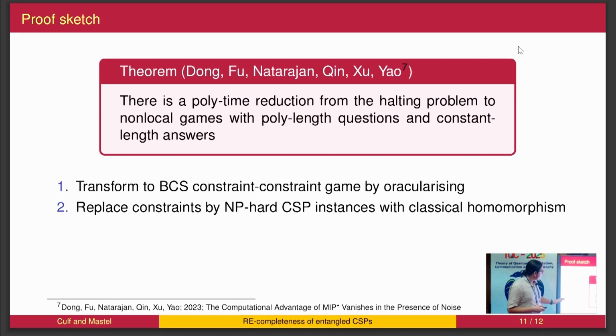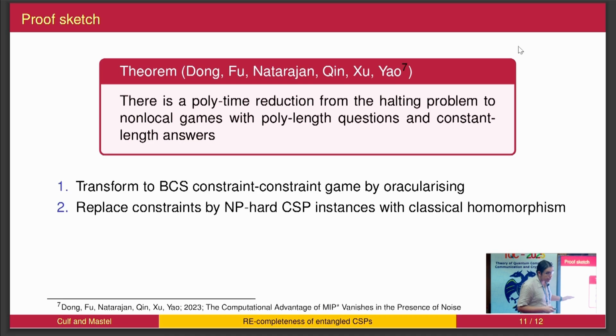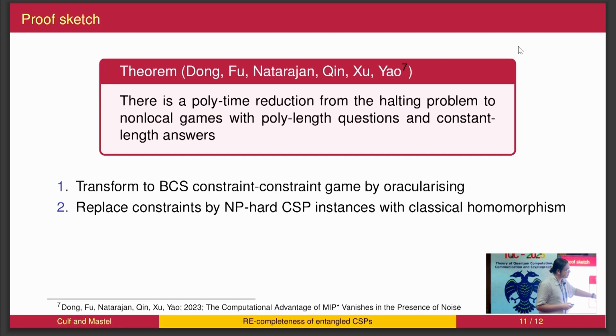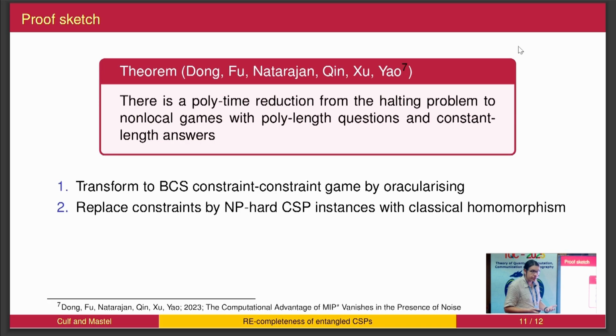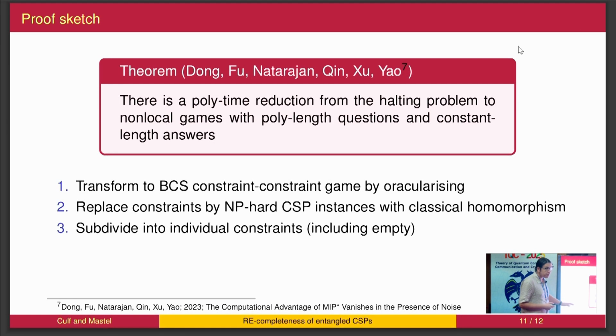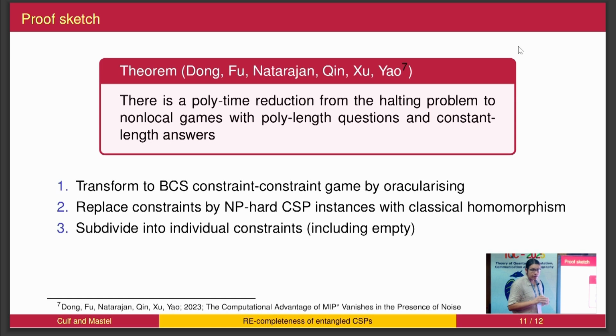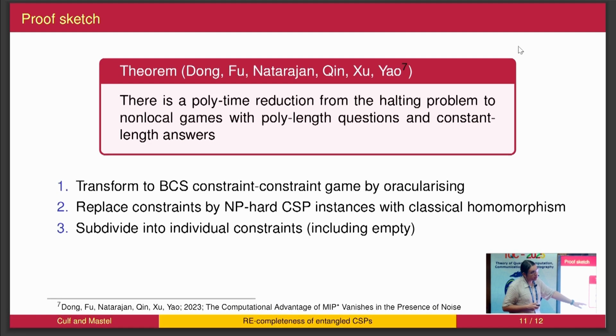And now the classical homomorphism can be used to replace these unstructured constraints by structured constraints. And then subdivision can be used to split them into constraints from the particular CSP we're interested in reducing to, along with these commutation constraints to guarantee commutation.